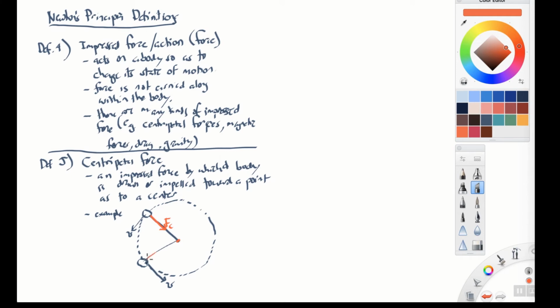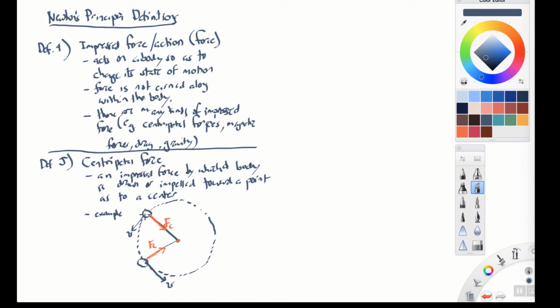So over here, once again, we have the centripetal force applied by the string. It's always pointing toward that point as to a center. In the absence of this centripetal force, if we were to suddenly cut the string when the rock is right here, what would happen?